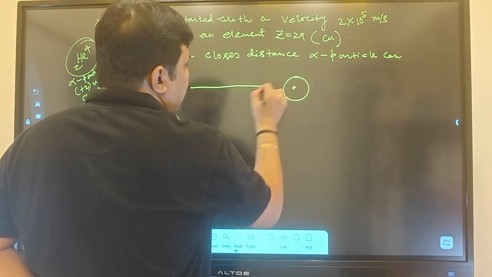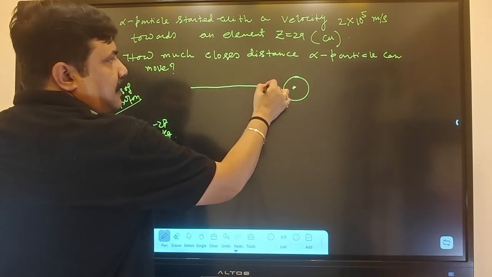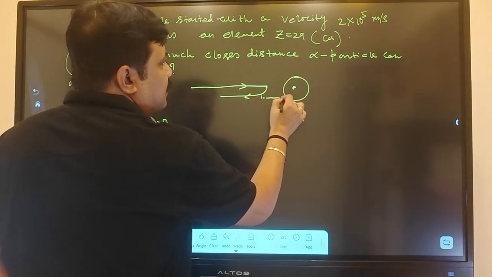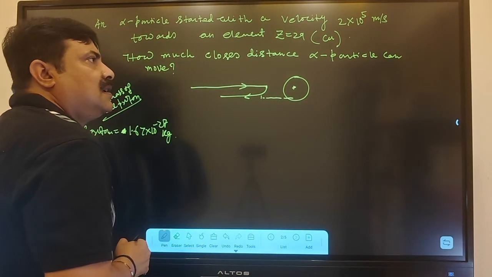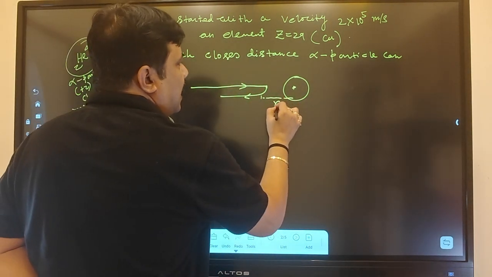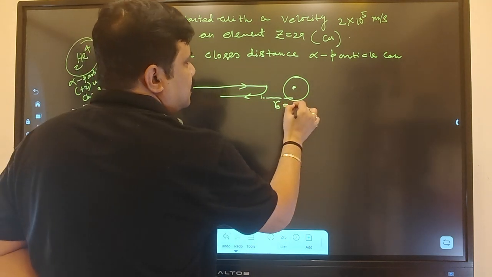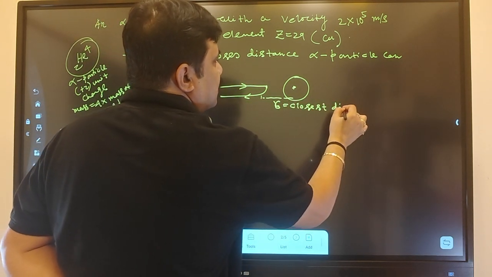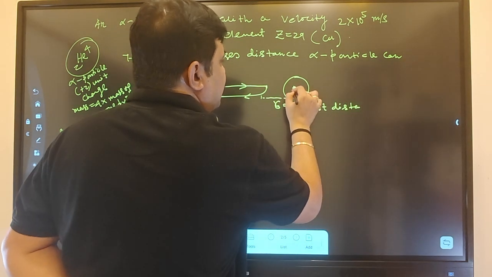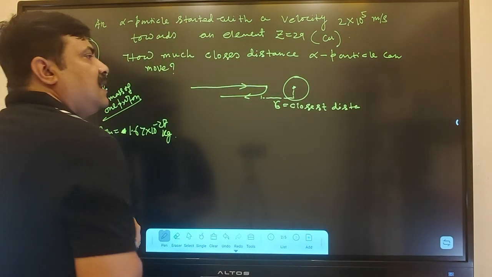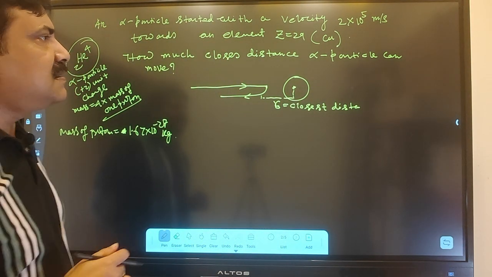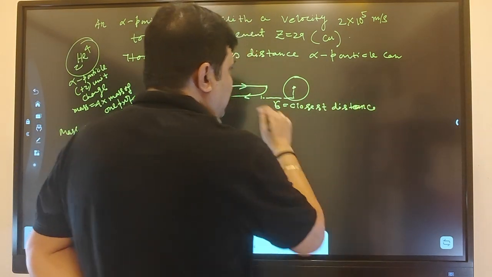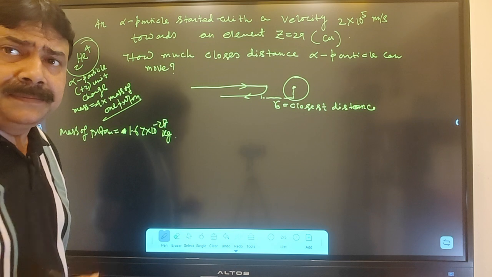This is the closest approach, after which it will start taking the U-turn. This distance they are asking is R0, the closest distance. This is your nucleus. So R0 is the closest distance it can approach, after which it will take a U-turn or rebound.